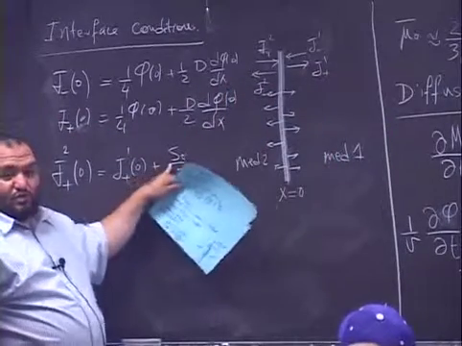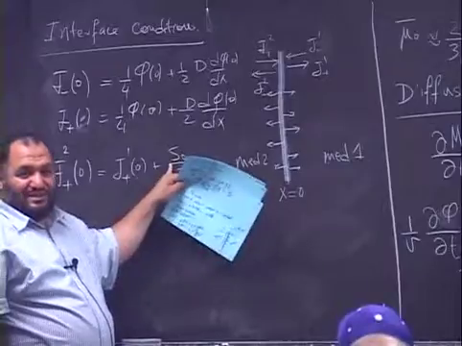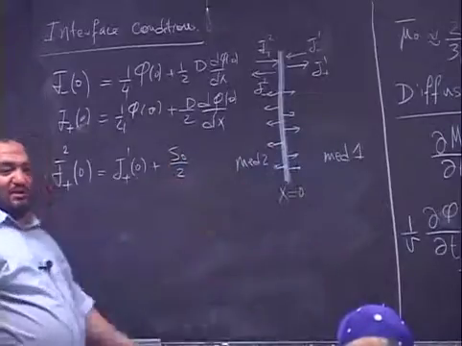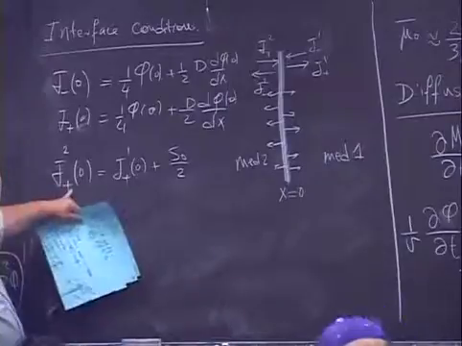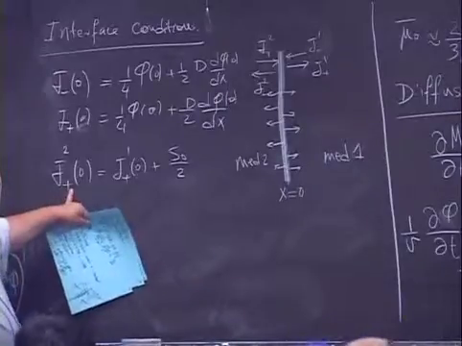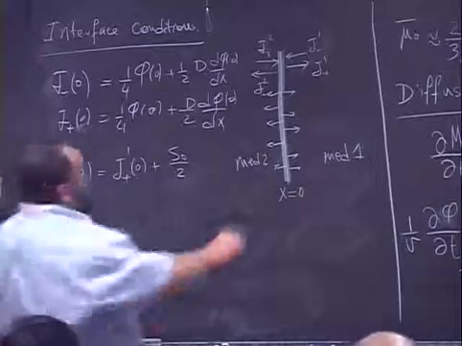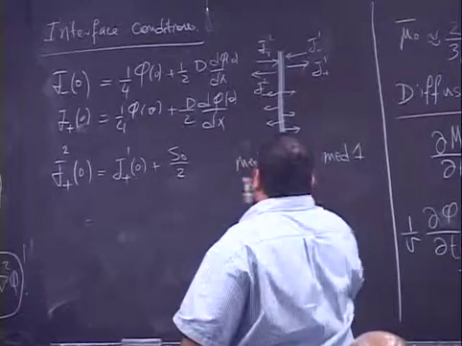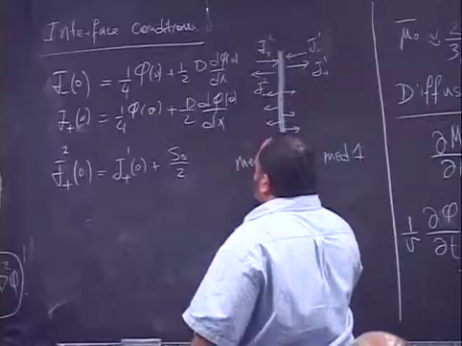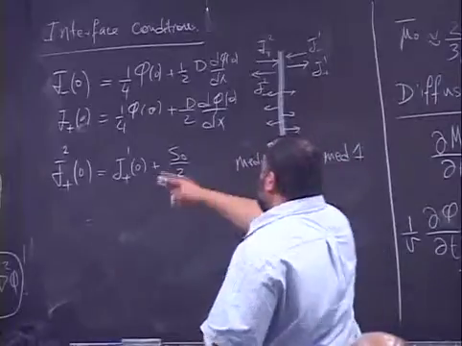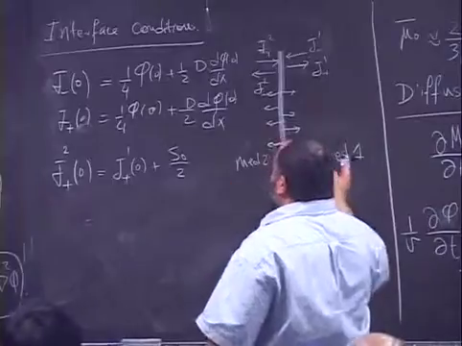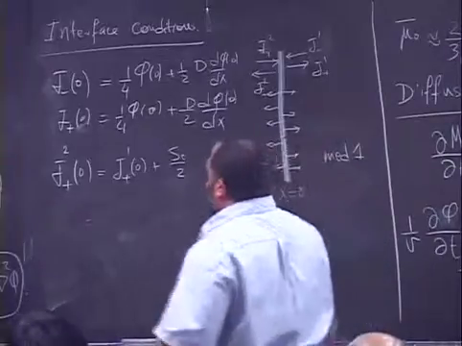So half of the source strength S naught will go in the positive x direction and half will go in the negative x direction. This is why in the positive J2, this is medium 2, whatever goes in medium 2 will be whatever goes in the positive direction from whatever comes from S1 plus S0 over 2.